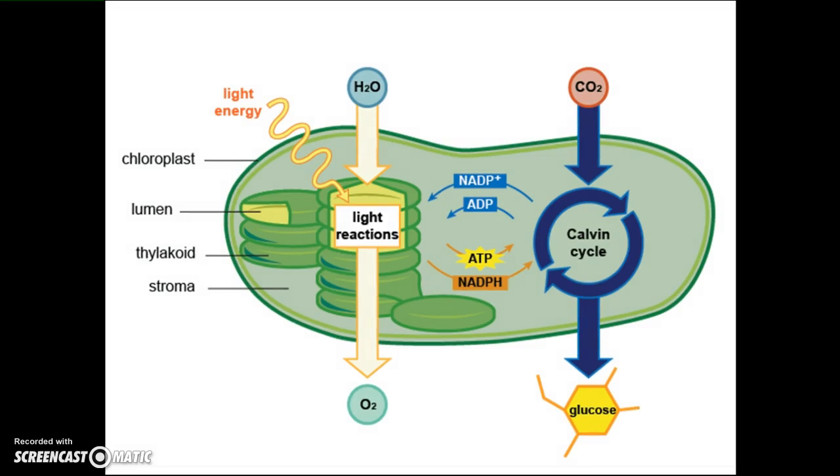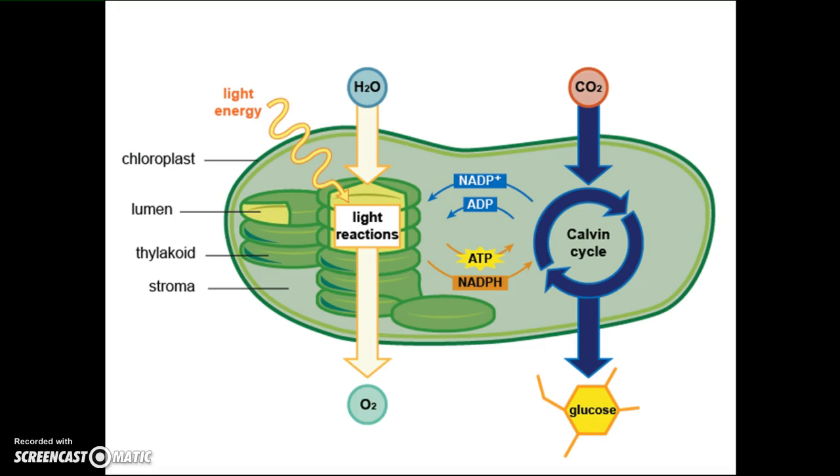So here's where we look at light versus dark reactions of photosynthesis. As you can see, this is all taking place within the chloroplast. Here is some chlorophyll going in. With the light reactions, you have light energy. It is light dependent. You have light energy being combined with water in the chloroplast, and it creates 2 products.